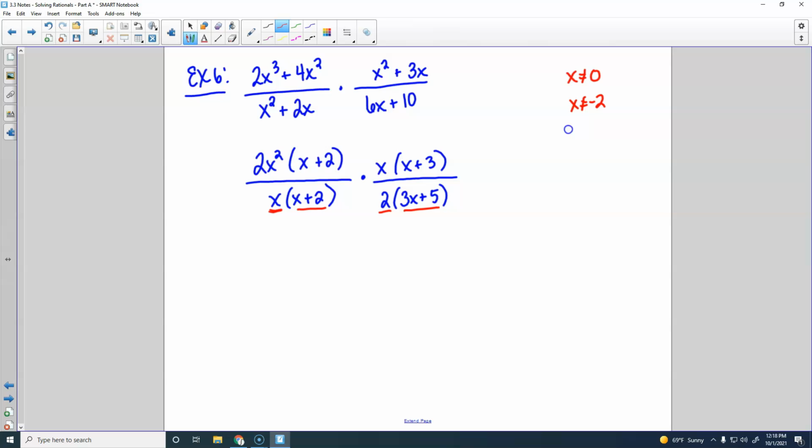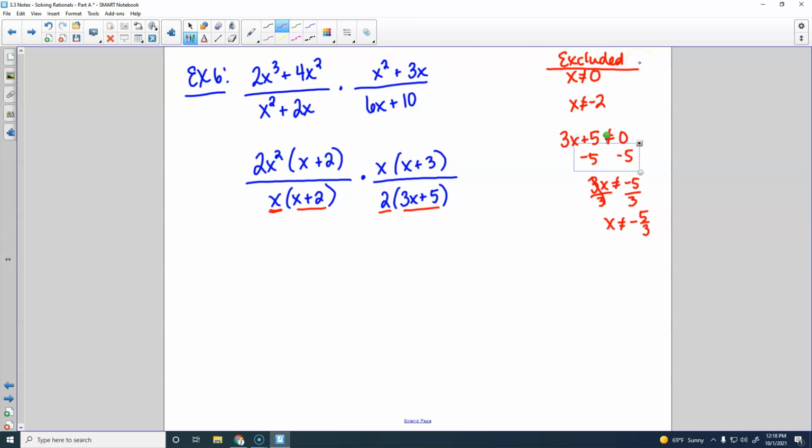And then the 3x plus 5, this one sometimes messes students up because they can't do that part in their head as easily, but it cannot equal 0, so you subtract 5. 3x cannot equal -5, divided by 3. So x cannot equal -5 thirds. So if you have a factor that is not just x plus something or x minus something, you just set it not equal to 0 and solve. So you got 3 excluded values over here.